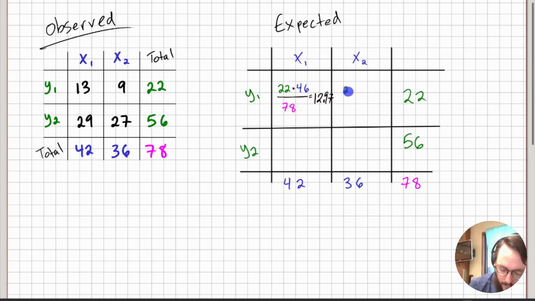And then I repeat the same thing. So this one would be 22 times 36 divided by 78. And that gives me 10.22. Normally you would use more decimal places, but in the interest of space, that is what I am doing here. So then this one, 56 times 42 divided by 78.